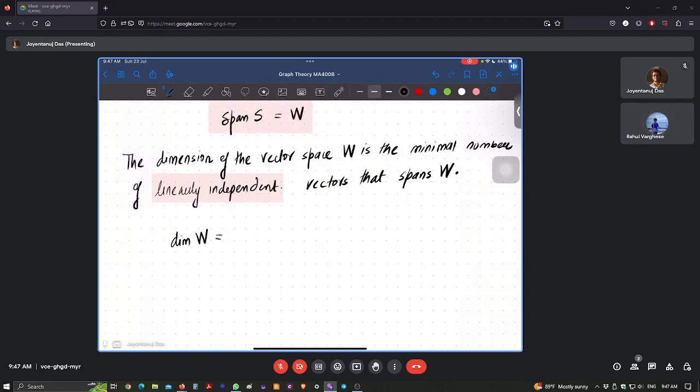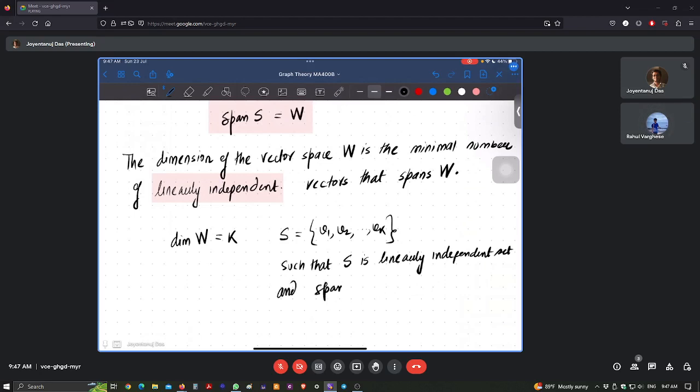Dimension of W equals k. Then we can find S, which is v1, v2 up to vk, such that S is a linearly independent set, and the span of S is actually equal to W.